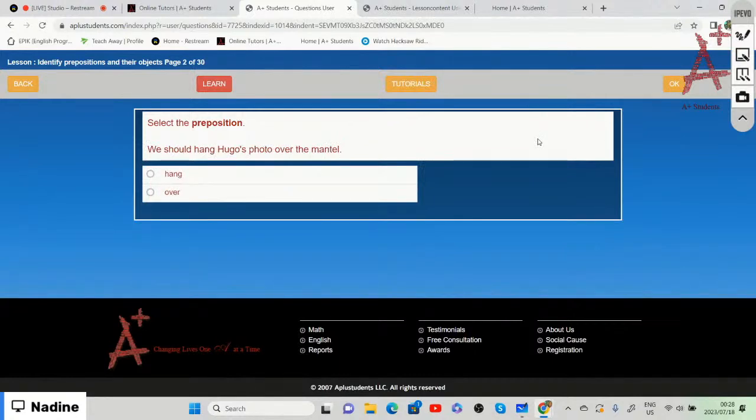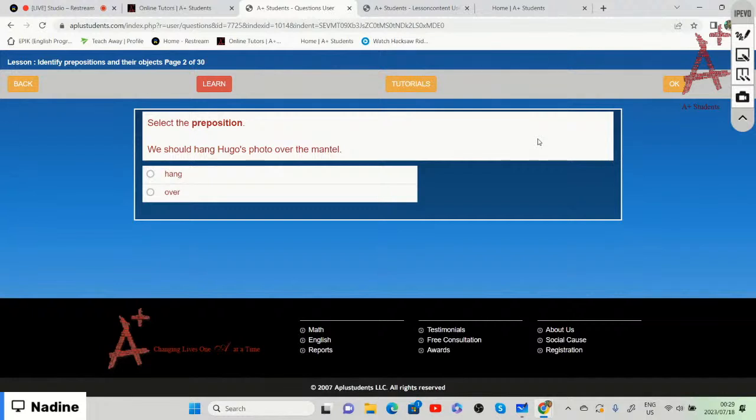All right, so we need to select the preposition. We should hang Hugo's photo over the mantle. We need to choose between hang or over by selecting the correct preposition.